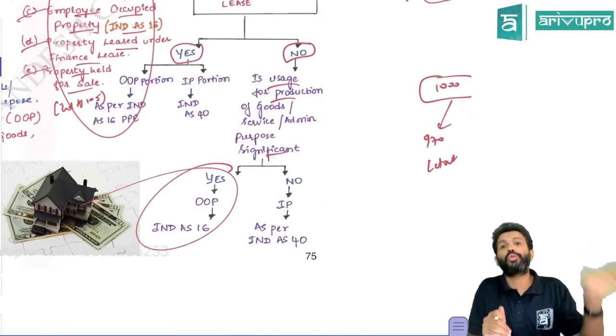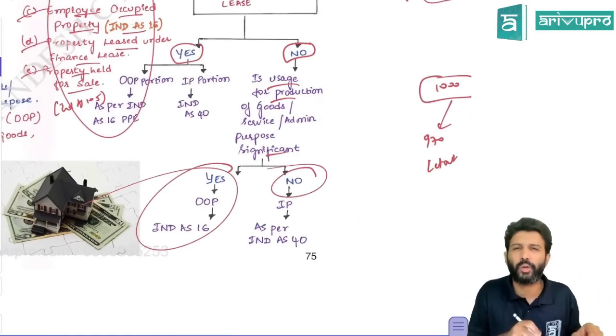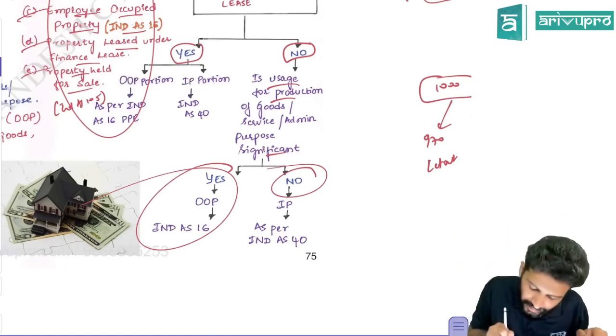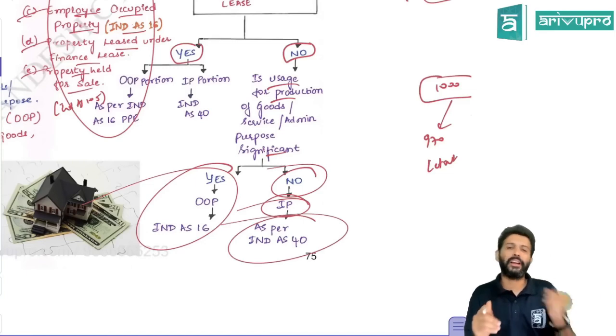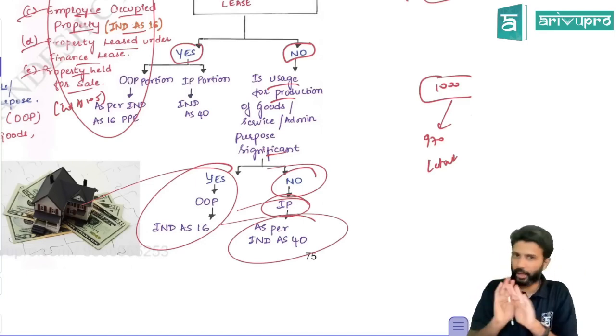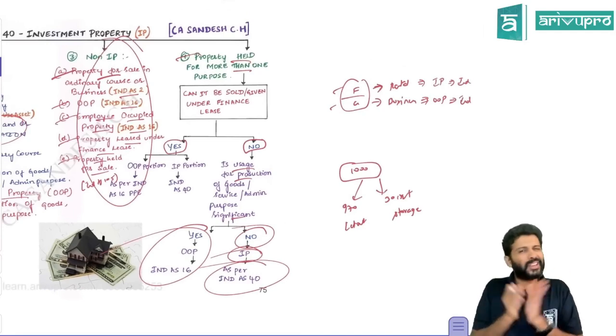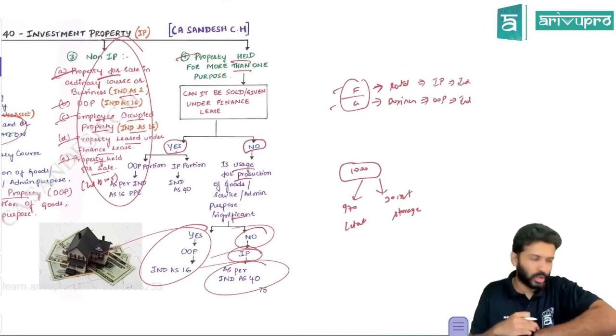However, if you conclude the usage for business purpose is not significant, only a minimal, insignificant portion is used for business purpose, then the entire property will be classified as IP, and IND AS 40 shall apply for the entire property, not segregation. Entire property, this is the rule. Okay. All this can be easily asked as a case study question. Just watch out for this.